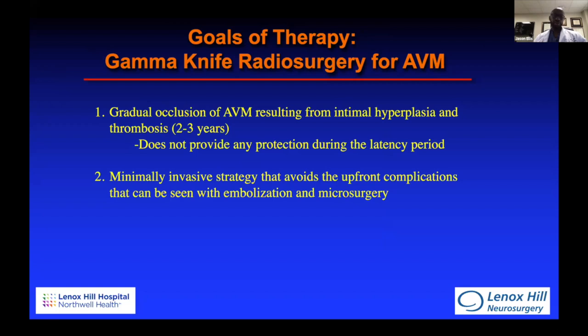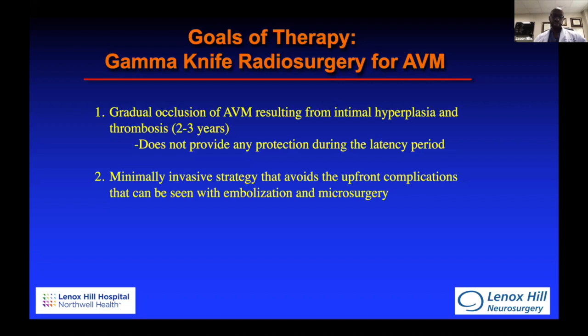And we often remind patients that during that 2 to 3 year latency period, they still are not protected from hemorrhage. So we do have to confirm after that 2 to 3 year waiting period that they responded appropriately to the gamma knife radiation.